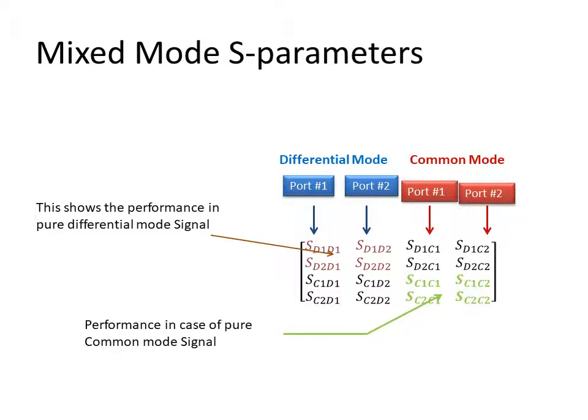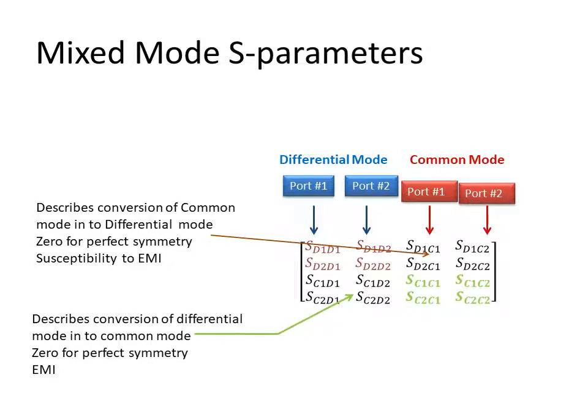Then again we move to the next slide. See this slide. The second 2 cross 2 network describes the conversion of the common mode signal into the differential mode signal. So what is the common mode signal? It is actually the noise, because if noise attacks a particular electronic circuit, the phases are the same, so that is called the common mode signal. So it is the noise, and if this particular noise is converted into the differential mode, it means that noise is going to affect our circuit.